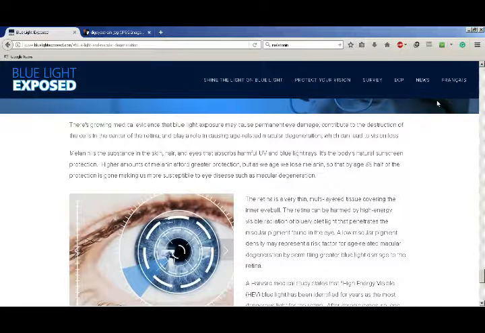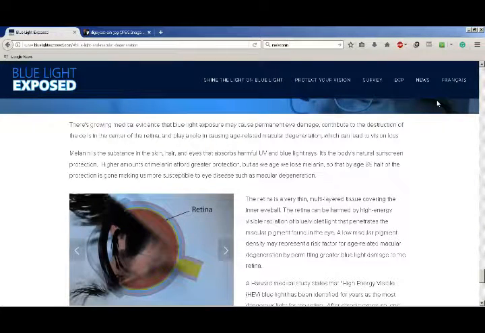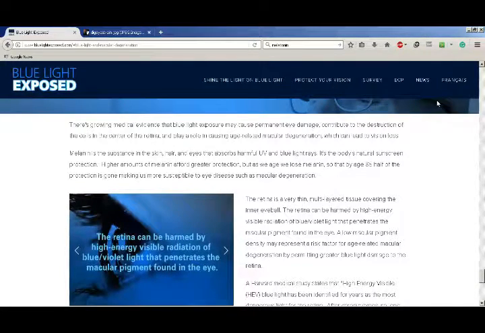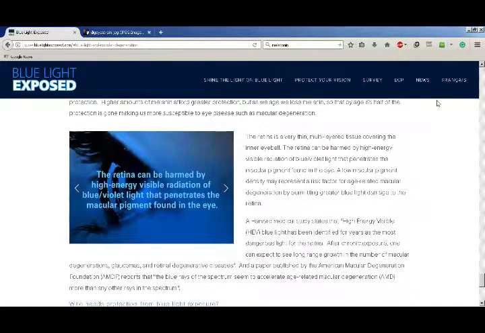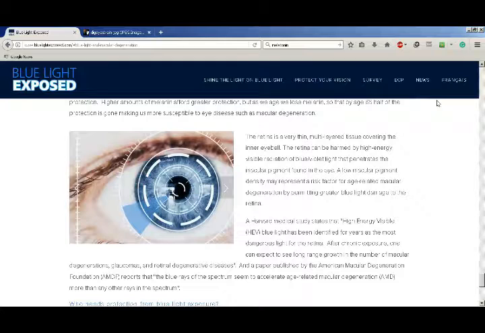Okay, so as you get older, you become more susceptible to damage in your eyes from this type of technology. So it's probably best as you age to decrease the amount of time you spend on this stuff, because it only gets worse as you age.